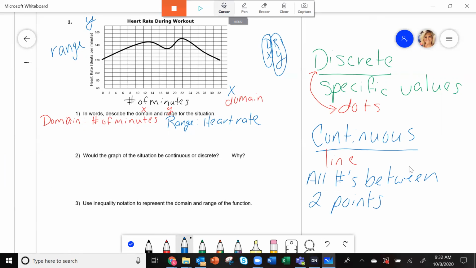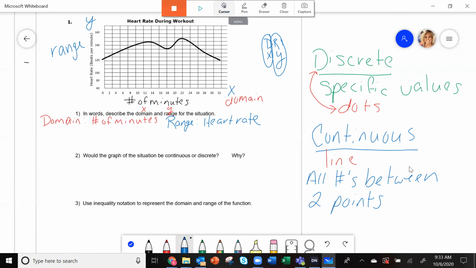So when I look at this graph, first off, I see a line. That's going to give me a hint that it's going to be continuous. But let's talk about why it's continuous. You're talking about heart rate. Can you just have a heart rate of 100 and then it automatically goes to 140?